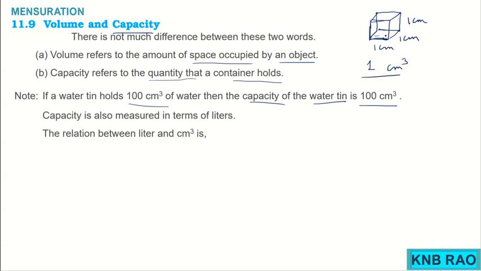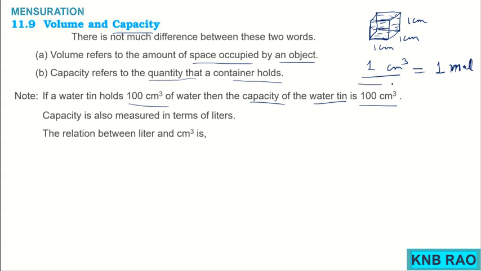Remember, how much liquid does it hold? A cube of 1 centimeter length, breadth and height will be called 1 ml. What is the meaning of m? Milli. 1 milliliter.